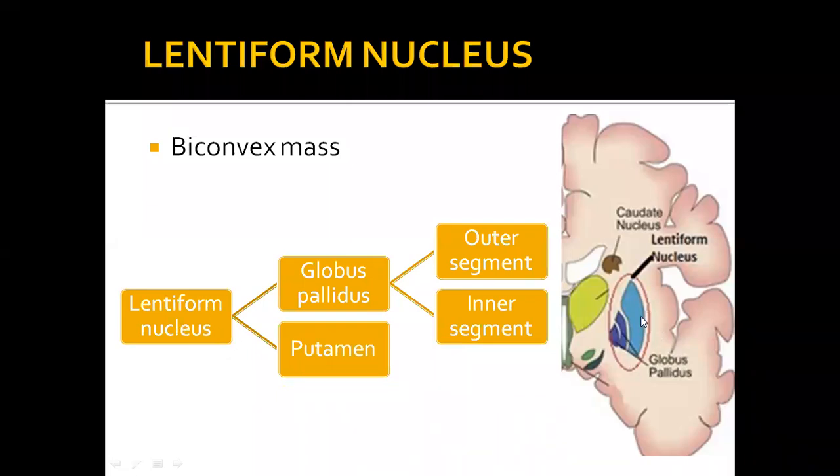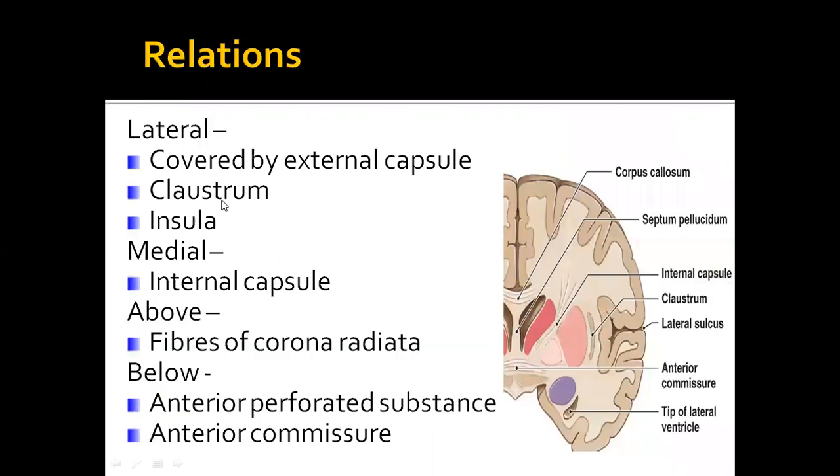Now you can see here, this lentiform nucleus has been divided into the globus pallidus, which has an outer segment and an inner segment. Then we have the putamen. This is a biconvex mass, and these are the relations of the lentiform nucleus. Laterally, it is covered by the external capsule. You can see the claustrum and the insula, which is the hidden fifth lobe.